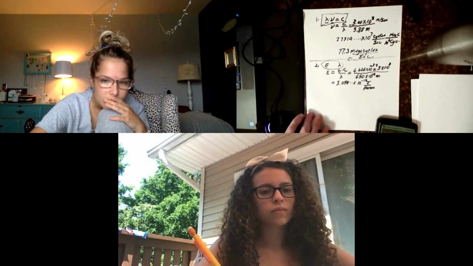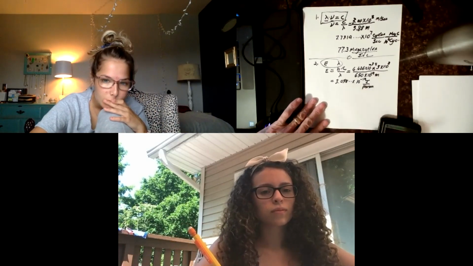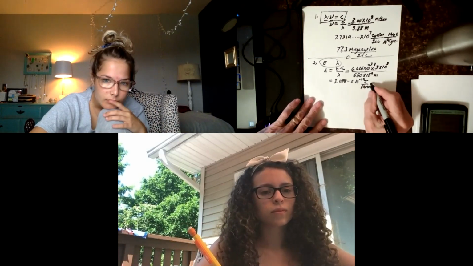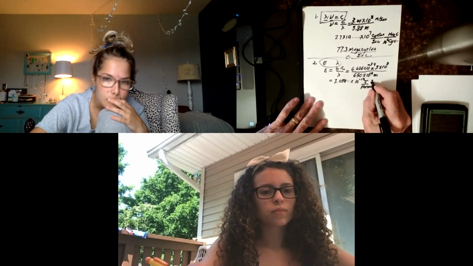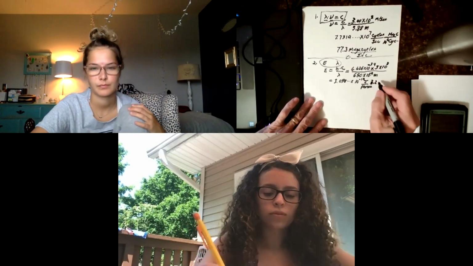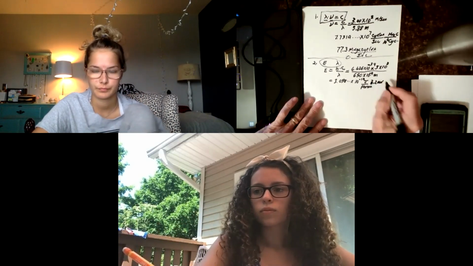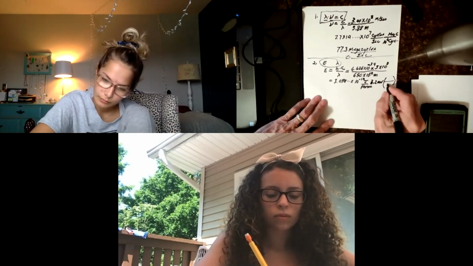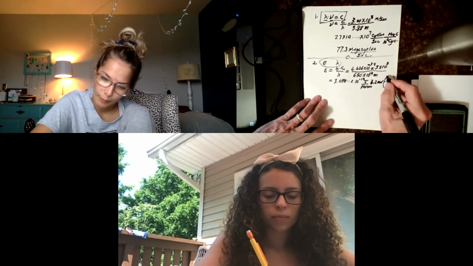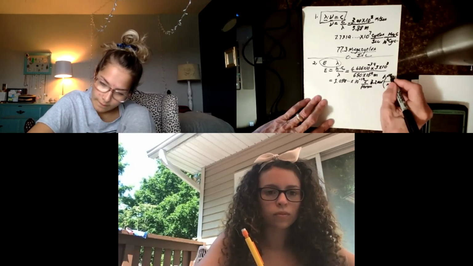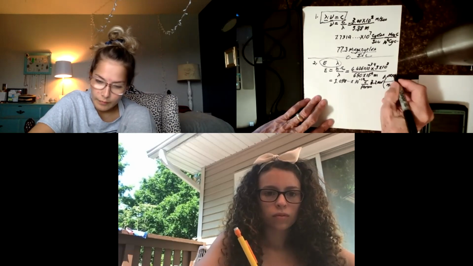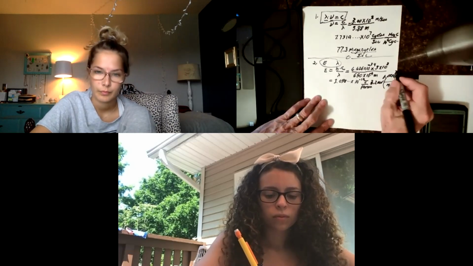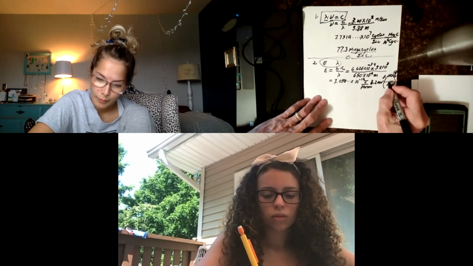Okay, how many photons? We've got 3.2 moles. Each mole is 6.02 times 10 to the 23rd photons.